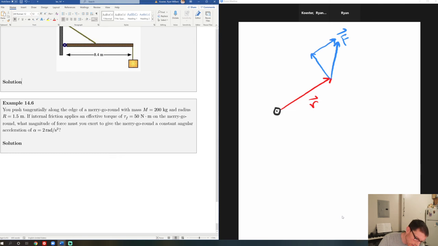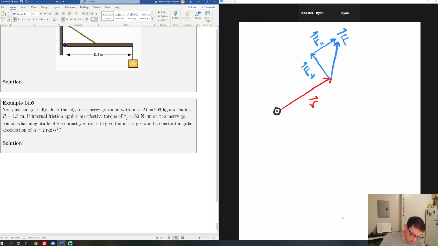And then I could call this F perpendicular and F parallel. And notice that the parallel component of the force contributes nothing to the torque, right? It might have some other role to play in a given situation, but as far as the torque is concerned, it's just wasted. It doesn't do anything.